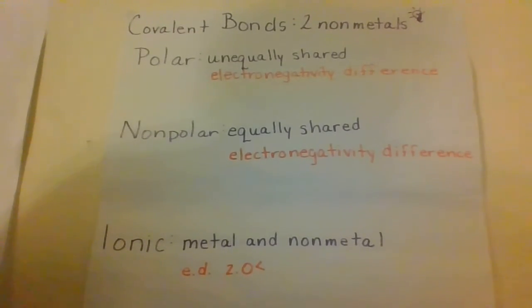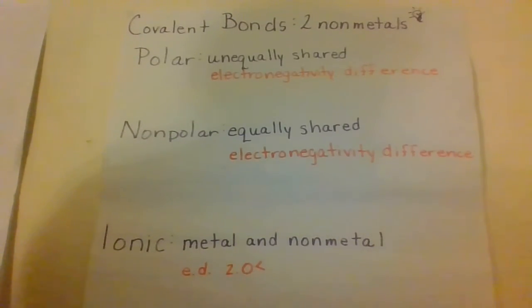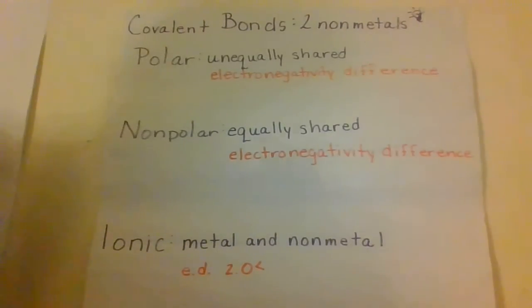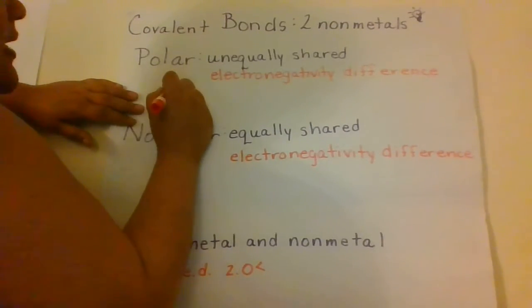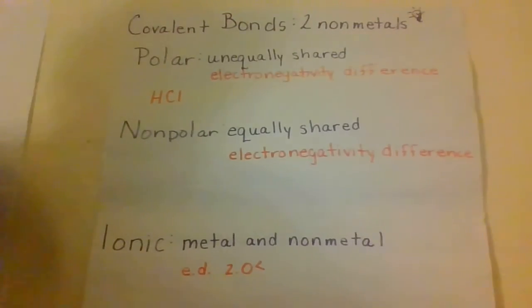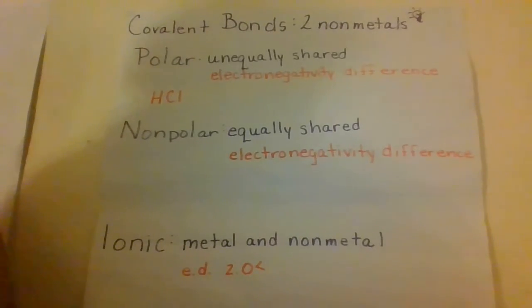If we were to pull out the electronegativity chart provided in your book or by your professor, you would be able to determine your differences in electronegativity. So let's take a look first at HCl, and we're going to see exactly how this electronegativity chart is going to help us determine what our compounds are. So take a moment, locate that in your notes or in your book.